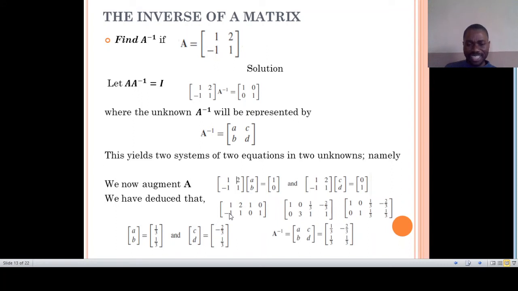I can do that if I say row 2 becomes row 2 plus row 1, because the first entry in row 1 is 1, and the first entry in row 2 is -1. If you add them together, you are going to have 0. I repeat, row 2 plus row 1, you are going to get 0.